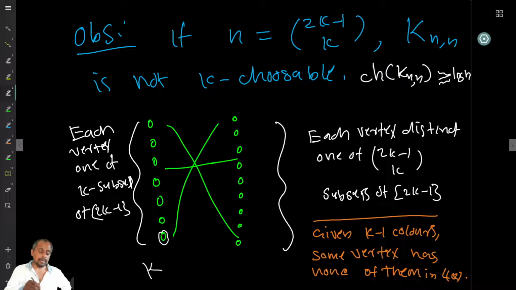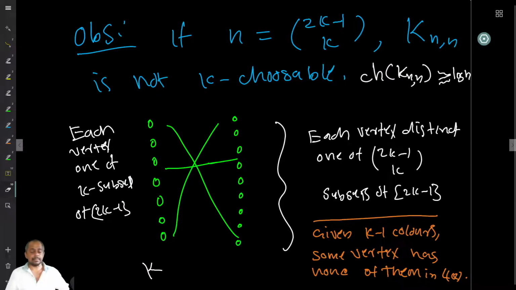If I look at some vertex here, whatever color is used there, there is some vertex whose list does not contain that. I use another color, etc. If I use even k minus 1 colors, there is another vertex which does not contain any of these colors, so I have to use a kth color.